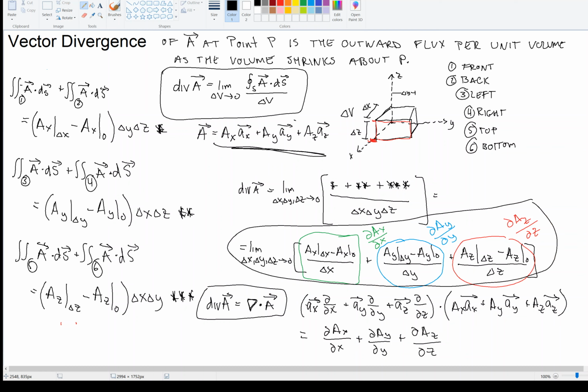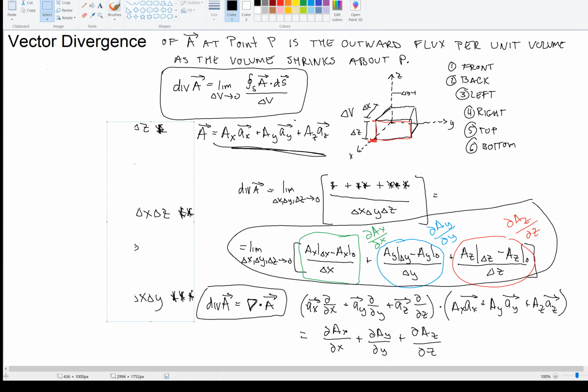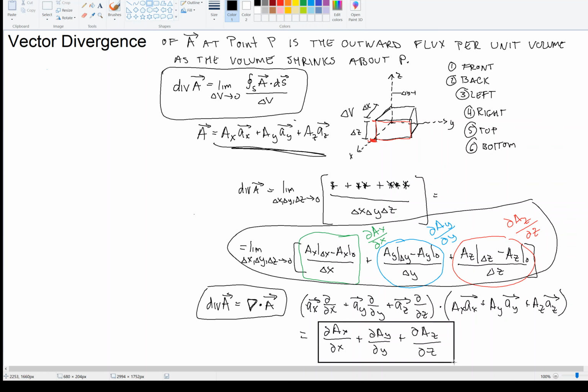So, when you calculate the divergence of something, you usually don't use the definition like we just did. That's the long way. What you do is you calculate this dot product, del dot A. So when you see del dot A, that's read del dot A, or it's read divergence of A. So the divergence of A, just to be clear, is this thing.